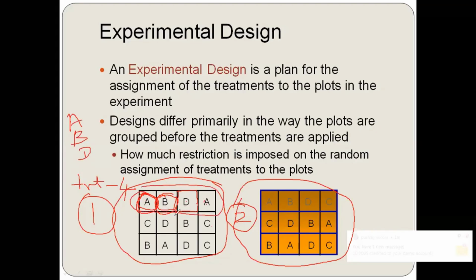In the second row, we have C, D, which we have already found, B and C. Then in the third set, we have B, A, D, C. Right.